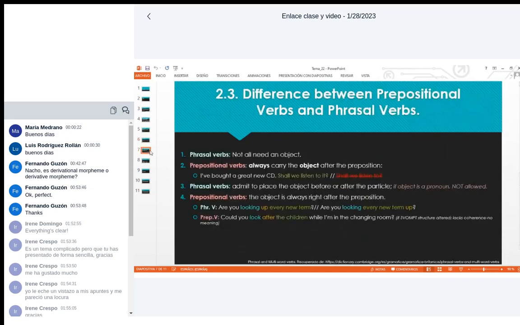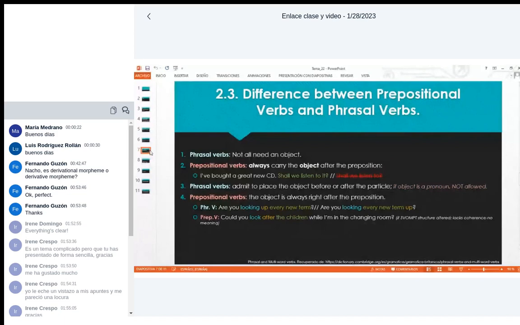Well, what is then the difference between the prepositional verbs and the phrasal verbs? Now, phrasal verbs don't need an object, whereas the prepositional verbs always carry the object after the preposition, because the preposition always needs something else to complement the action of the verb. For example, I bought a new great CD.